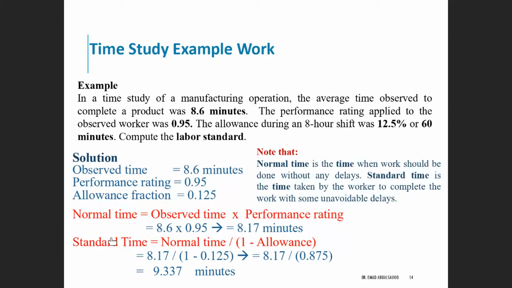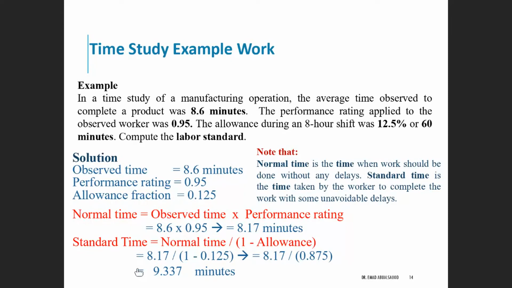Now let's find the standard time. The normal time divided by 1 minus the allowance. The normal time is calculated from the previous step, divided by 1 minus the allowance, which is 8.17 divided by 0.875, and that equals 9.337 minutes.